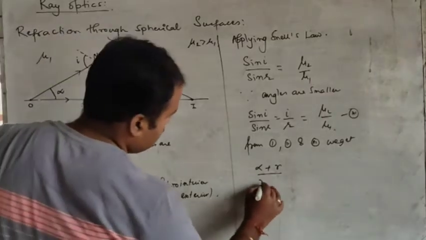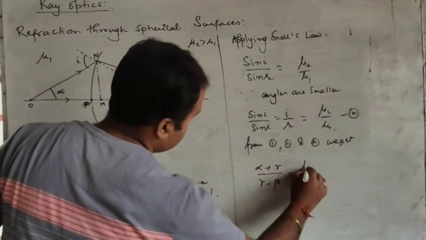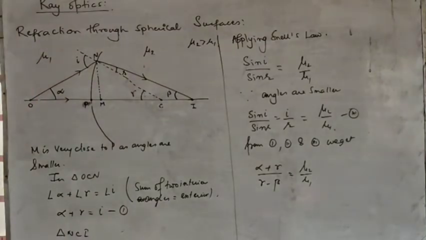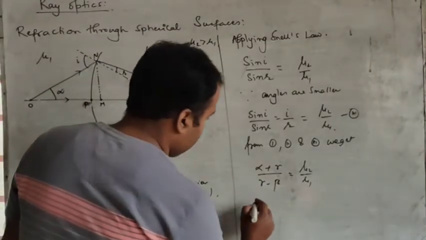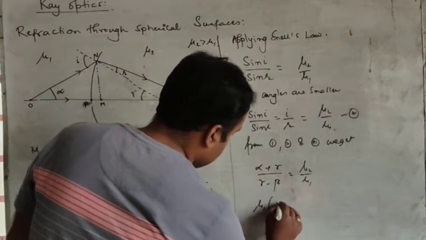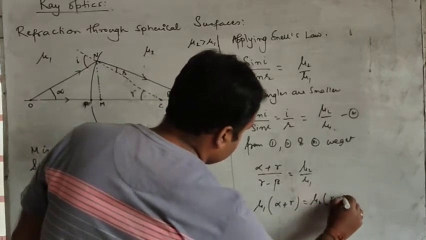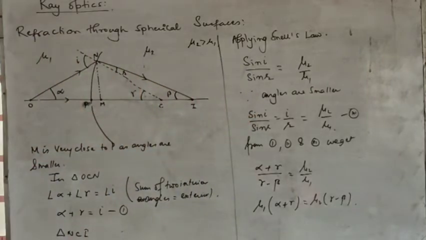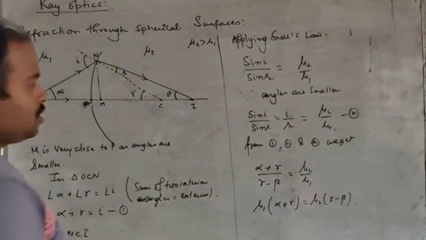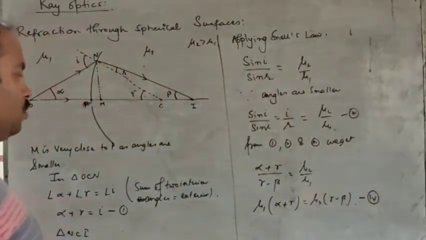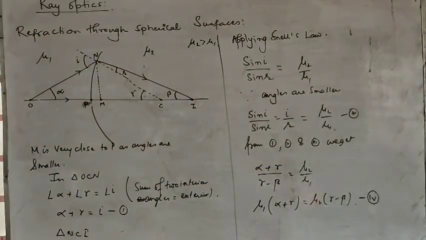R is nothing but gamma minus beta, so I by R is mu2 over mu1. On simplification we get mu1 times (alpha plus gamma) is mu2 times (gamma minus beta). Let us call it equation number 4.